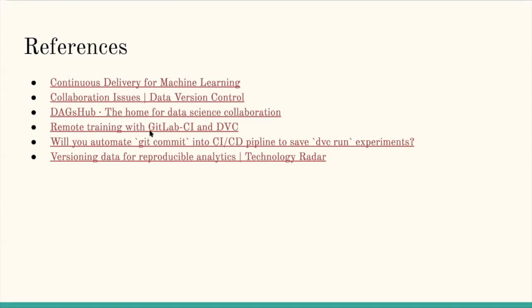But with more complex data and huge data sets, you won't be able to run training jobs on your laptop. In such cases, there is one blog post which talks about how you can spin up EC2 machines, schedule your jobs there and save them as a DVC experiment.